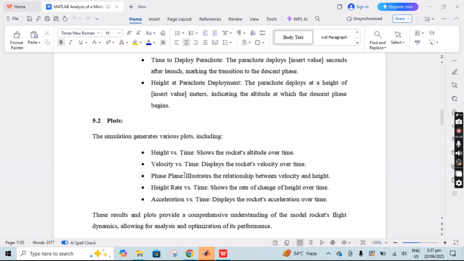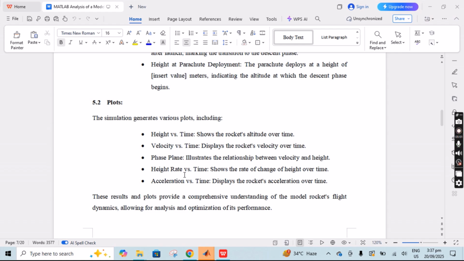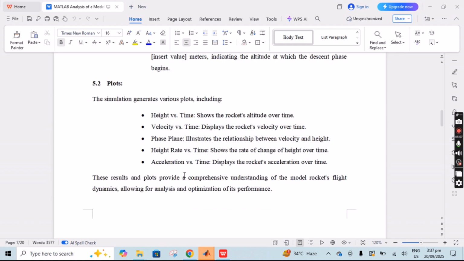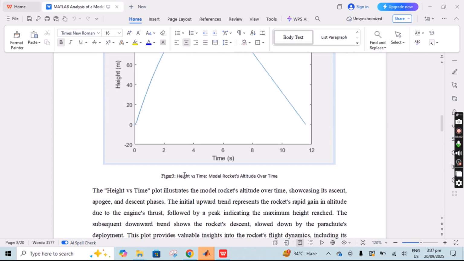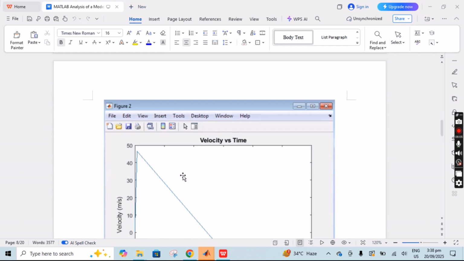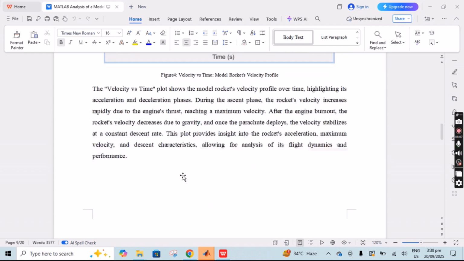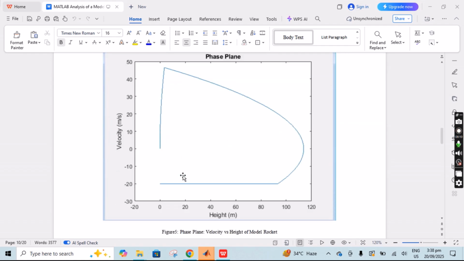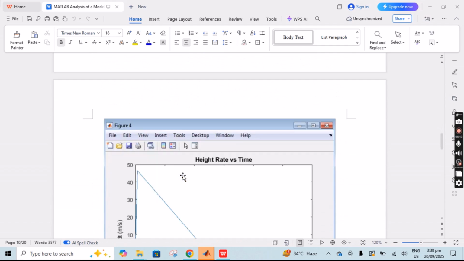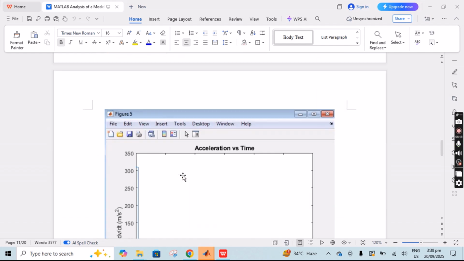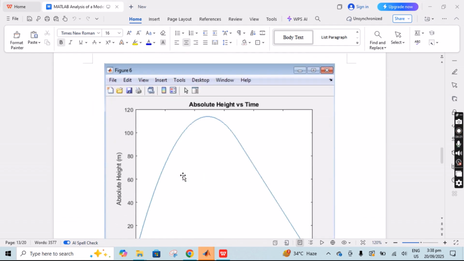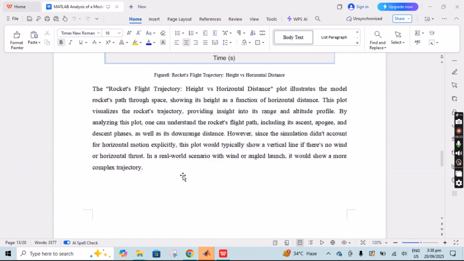Like the height versus time, the height rate versus time, its phase plane, its velocity, its acceleration, and everything. See, the height versus time is this, and the velocity versus time according to the phase plane, the movement of the rocket, height rate versus time, acceleration versus time, and the absolute height versus time as well.